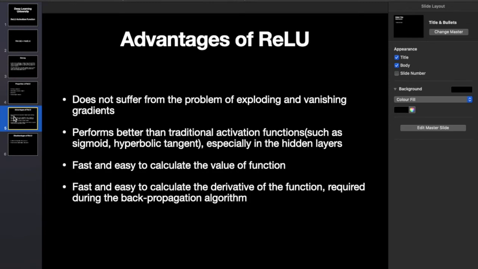That is why in most neural networks, including CNNs and ANNs, they are used in the hidden layers. It is fast and easy to calculate the value of the function, as we have discussed. And it is also fast and easy to calculate the derivative of the function. The derivative is required during the backpropagation algorithm, during the backward pass.